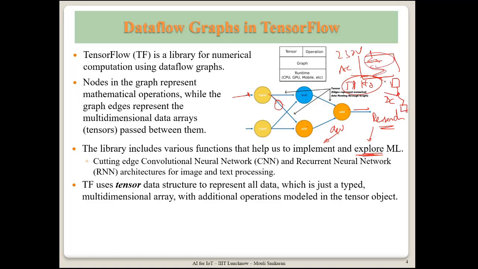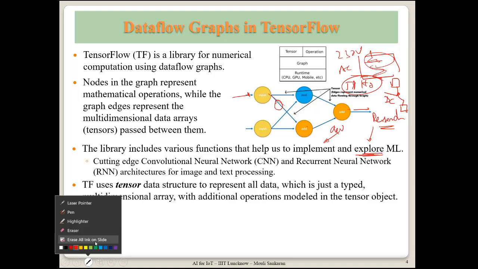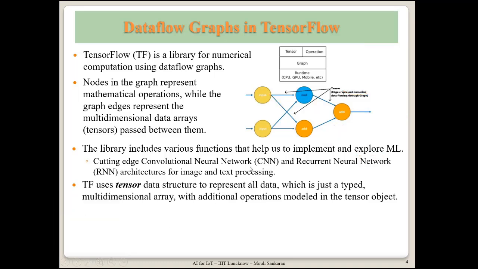But everything else in the home electrical connection is only AC electricity with a particular frequency and an RMS value of 230 volts. Similar to that, the dataflow graph has only tensors flowing through it, a data structure called a tensor. You can consider a tensor to be n-dimensional data.